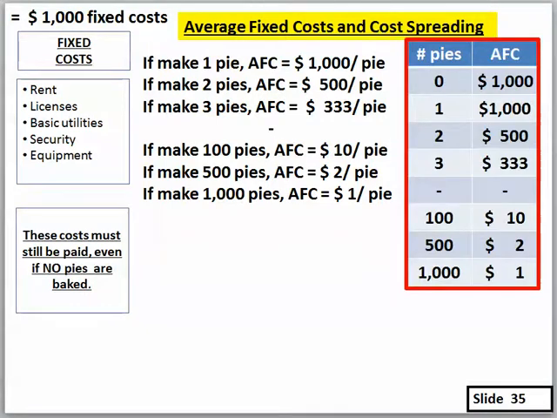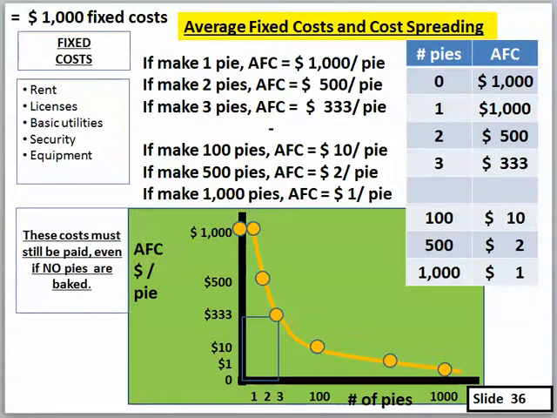So we can put it into a simple chart, and I just want to show you a quick graph of what the curve would look like for our average fixed cost. And what we find is we start off with a very high average fixed cost, and then the curve swoops down and gets closer and closer to zero.